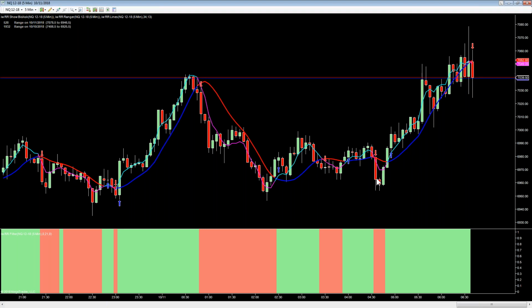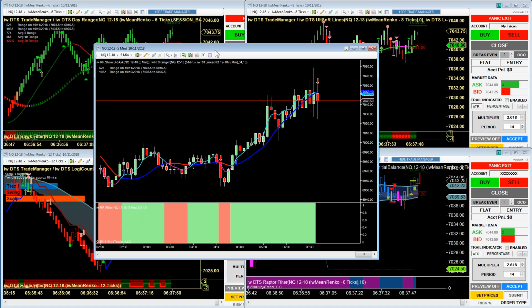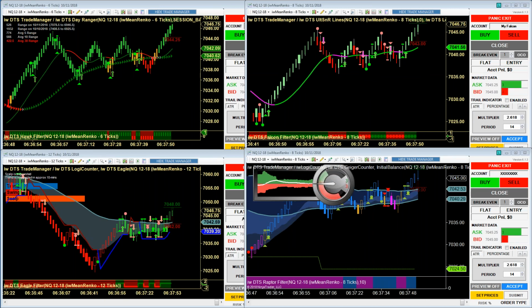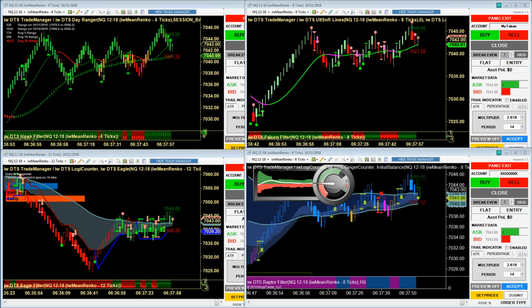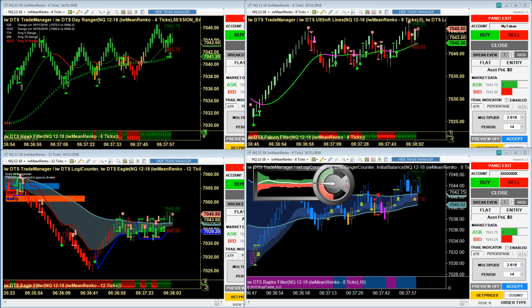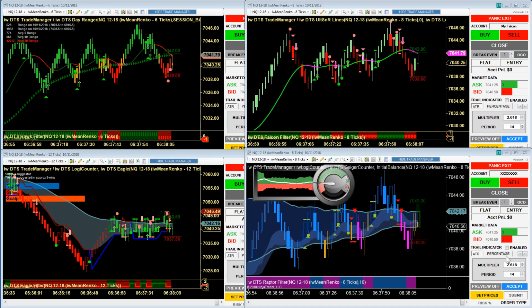The nice thing, like I say, about the Raptor, two things really: the fact that it can be used on a time-based chart, and because it's less sophisticated, it's not as expensive. But it's still a nice alternative for those people who are looking for a trading system, but perhaps don't want to make the investment in the DTS system or the Raptor, or sometimes they can't get the tick data.